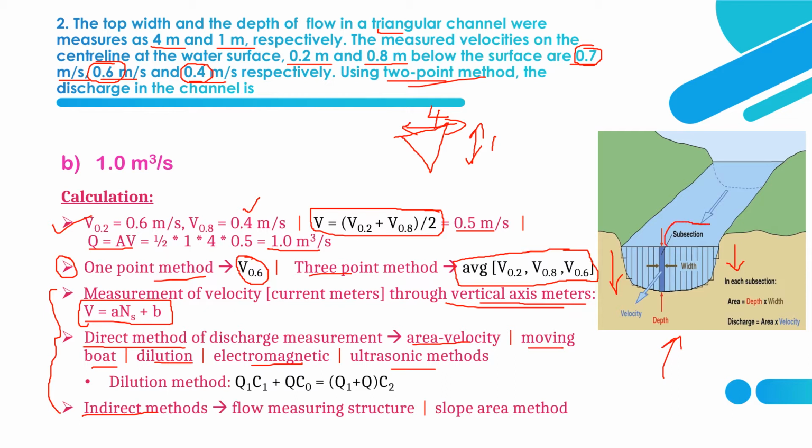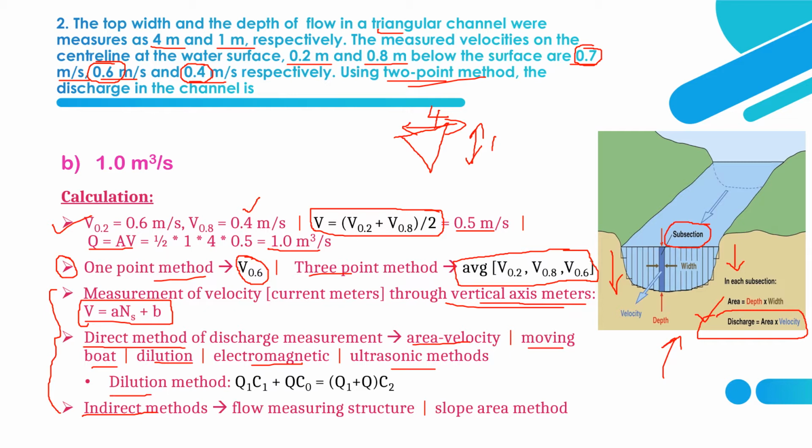Here the subsections have to be taken in such a way that the velocity over each subsection is determined, and integrating all of these, we get the discharge Q equals area into velocity. The area is the area of one subsection, and calculating all the areas and corresponding velocities, we get the discharge.